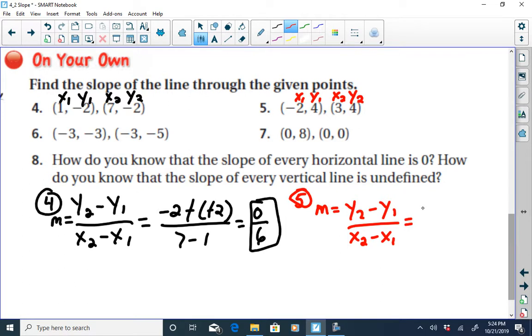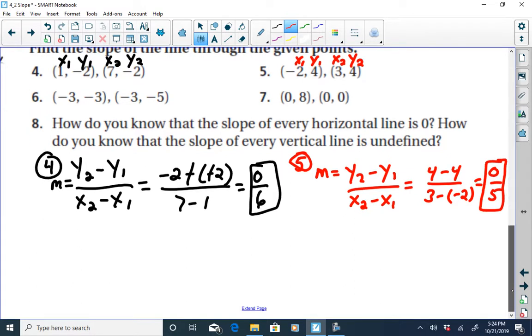In the numerator, we have 4 minus 4. In the denominator, we have 3 minus -2. That's going to give us 0 over 5 for our slope, all right, which means problems 4 and 5, you'd have horizontal lines because each of those lines has a slope of 0.